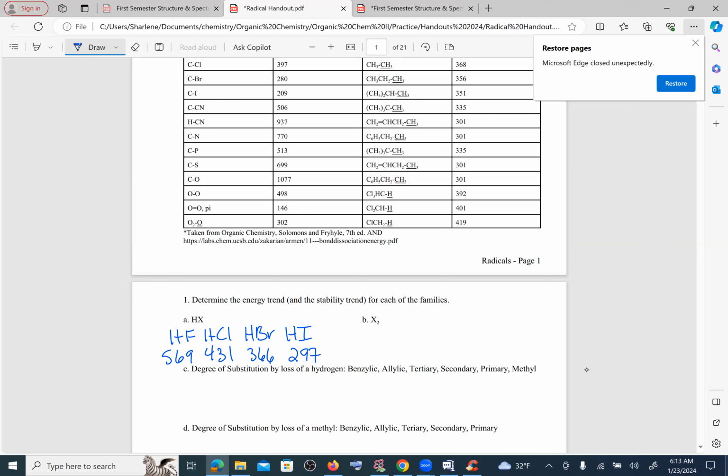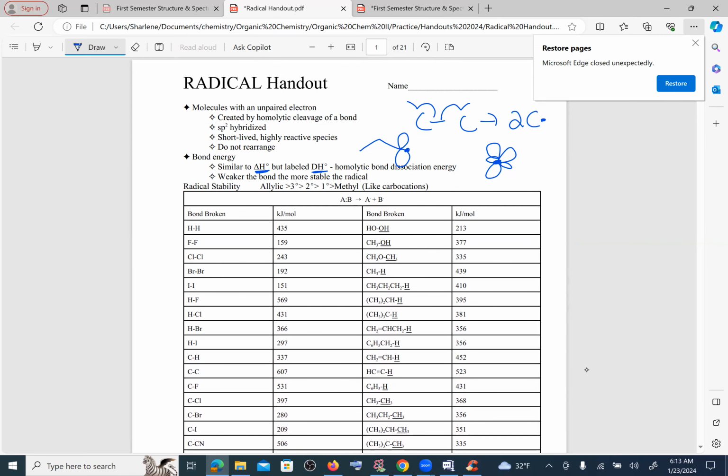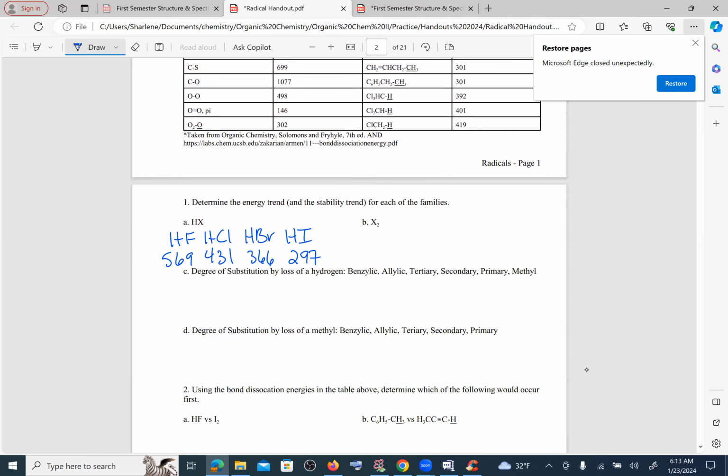All right, that's great. We can get those numbers off the chart, but how do we interpret them? The weaker the bond, the more stable the radical. Okay, so the weaker the bond, the more stable the radical. All right, so 297 is the weakest, so HI in this family must be the most stable.